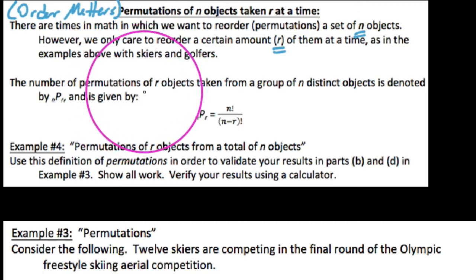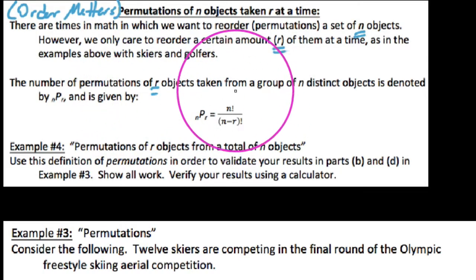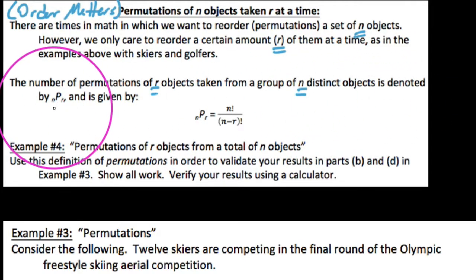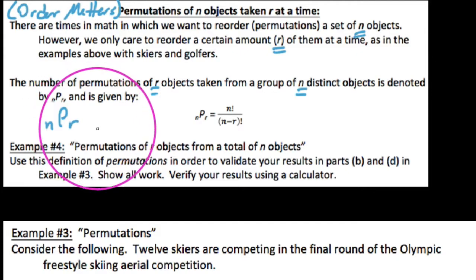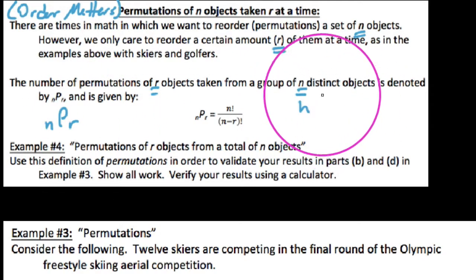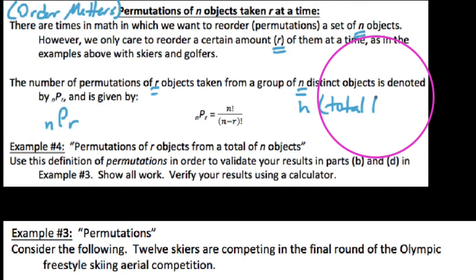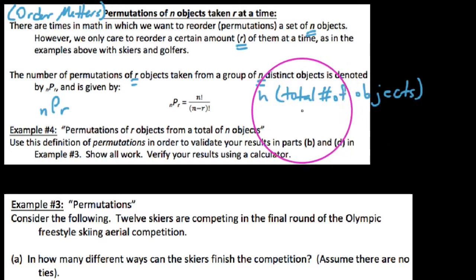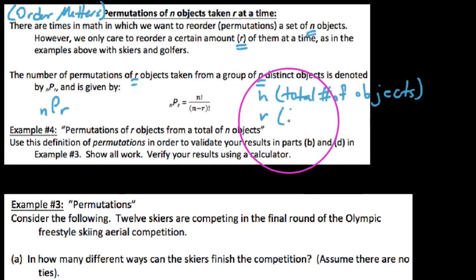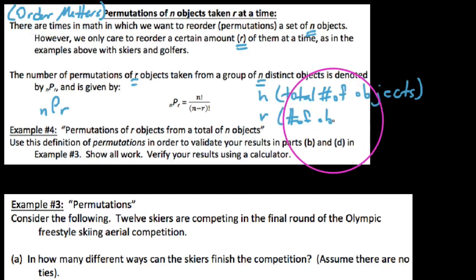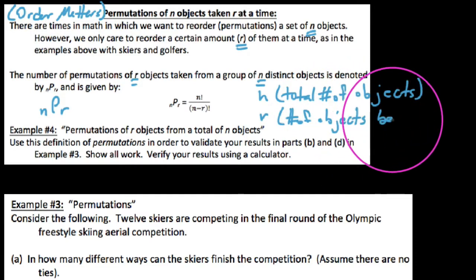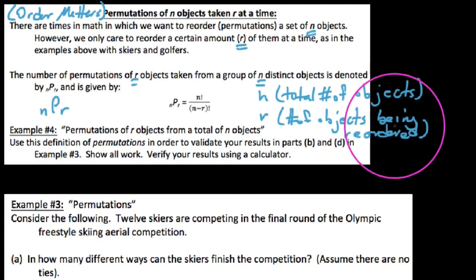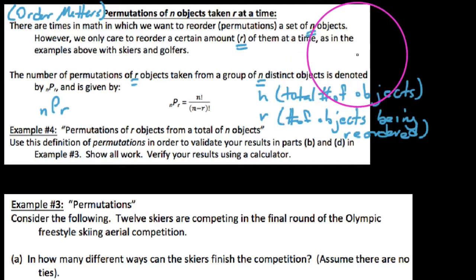We say that the number of permutations of r objects taken from a group of n distinct objects is denoted by nPr, n permute r at a time, where n is the total number of objects, and r is the number of objects being rearranged, being reordered.